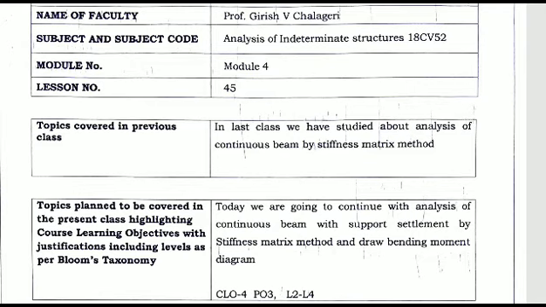And the third problem in the last class, we solved a continuous beam with both ends fixed. There were no external loads on the members, but there was a settlement in the supports. So we analyzed the continuous beam with settlement in the supports without any external loads. That is a new type we solved.